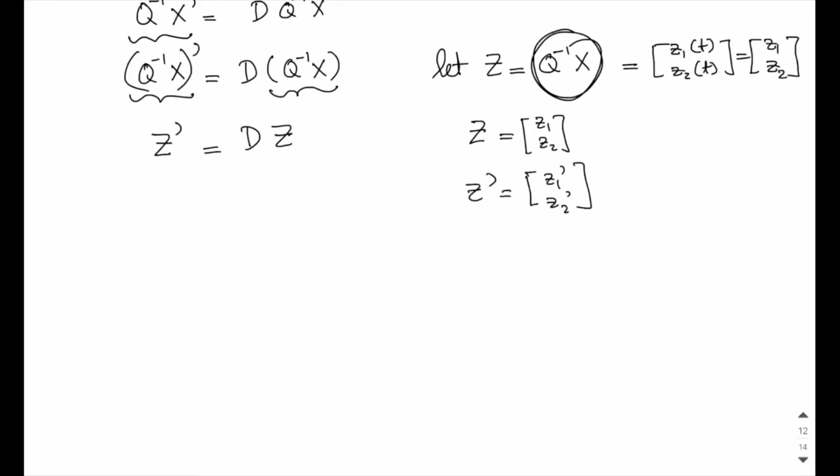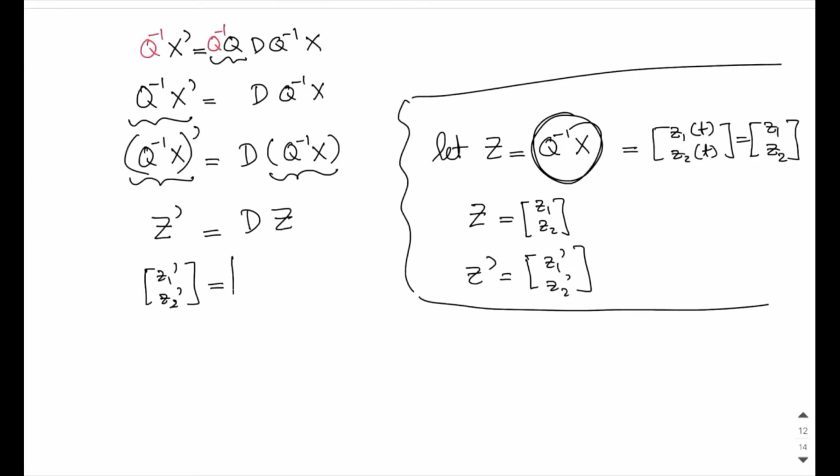And so here we are going to have Z1 prime, Z2 prime equals the diagonal matrix 2 and 4 times Z1 and Z2. So this means that you are going to have Z1 prime, Z2 prime equals 2 times Z1, 0 times Z2.